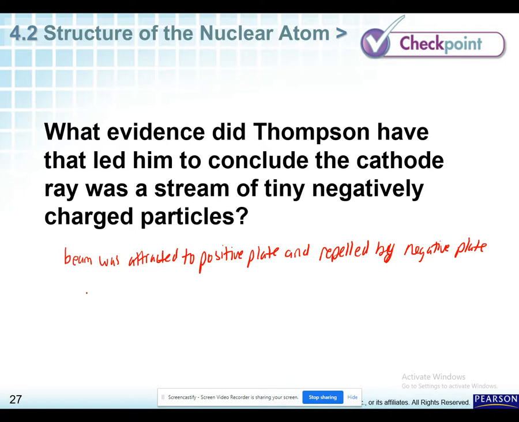So opposites attract. So if it's attracted to positive, it had to be negative, and like charges repel. So if it was repelled by the negative, that means the stream also has to be negative.